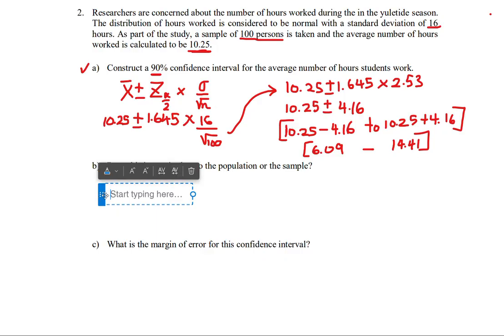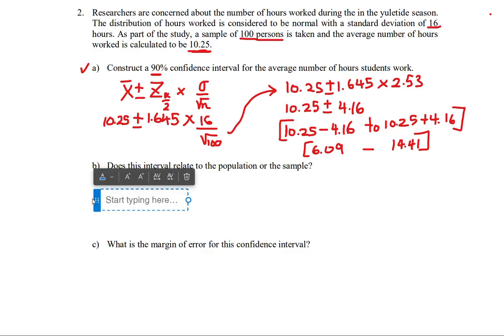And of course it relates to the population, because we are using the results of a sample taken from the population in order to estimate the interval within which the true population average would actually fall. So the answer is, it relates to the population.